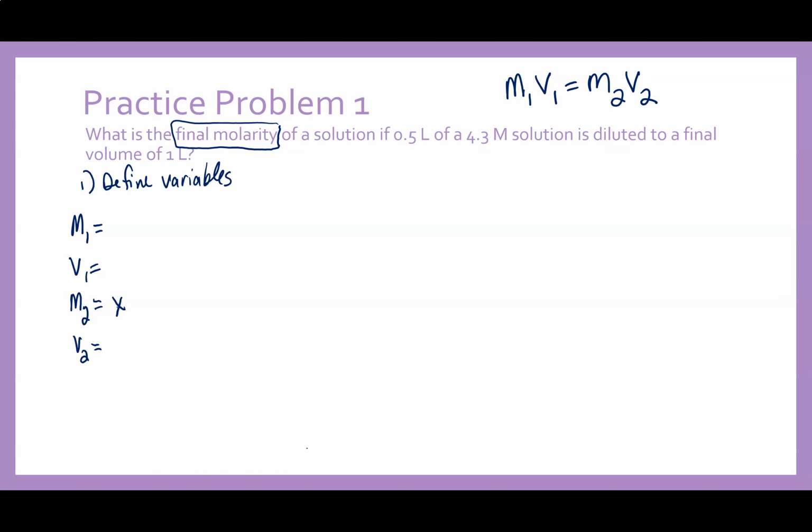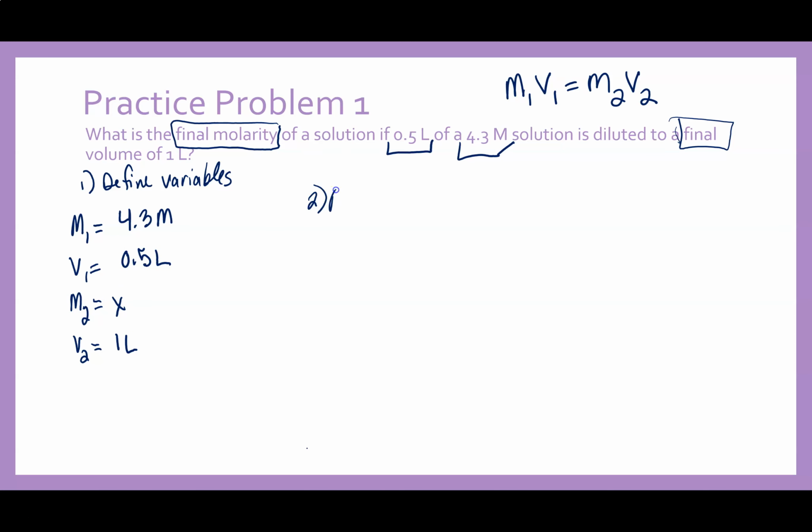It also says the final volume is going to be 1 liter. Those look like they have the right units so far. Next, we were told a solution of 0.5 liters has a concentration of 4.3 molar. So there we go, we've got them all.